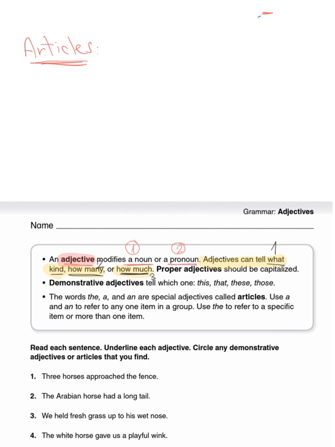Yalla, Ahmed, Khalid, Yalla, Ali. What do you think? Here they are, guys. We have the articles the, a, and an.